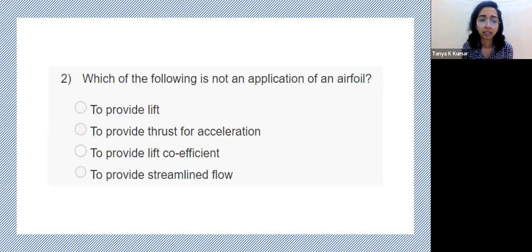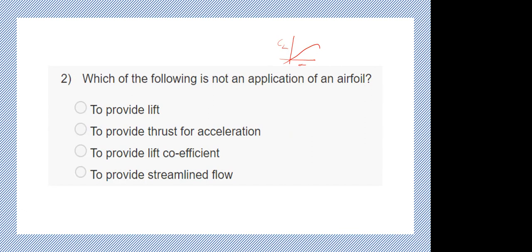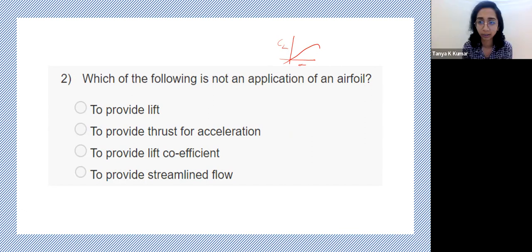Then we have, which of the following is not an application of an airfoil? Does the airfoil provide lift? Yes, it does, right? So we know our CL versus alpha graph. The airfoil definitely provides lift. Does it provide thrust for acceleration? No, ma'am. What provides thrust for acceleration?